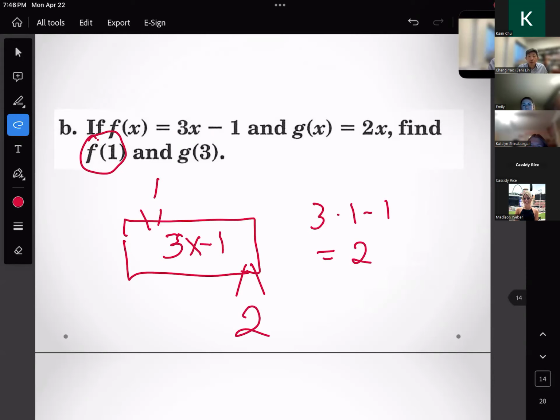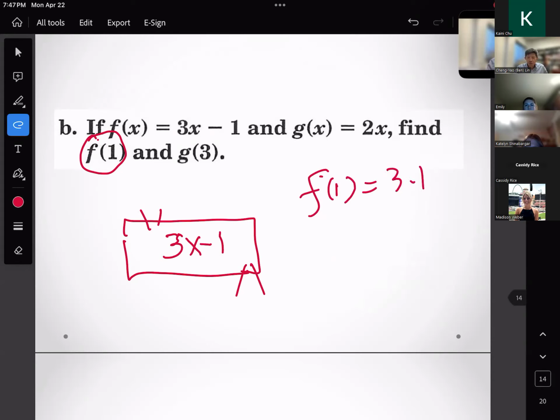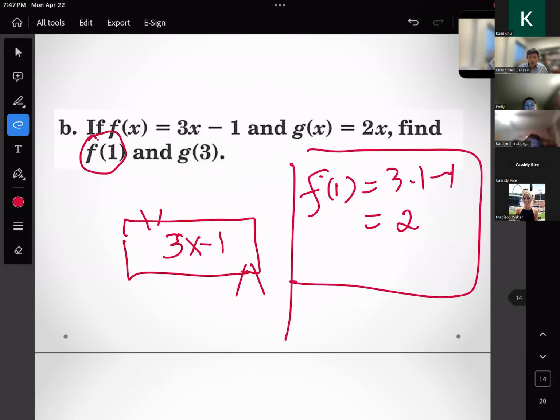Function machine, right? So what's the benefit of teaching children using a function machine? Can you tell me the benefit? Instead of just plugging in, you can plug in and you can use a function machine. This is a traditional approach.